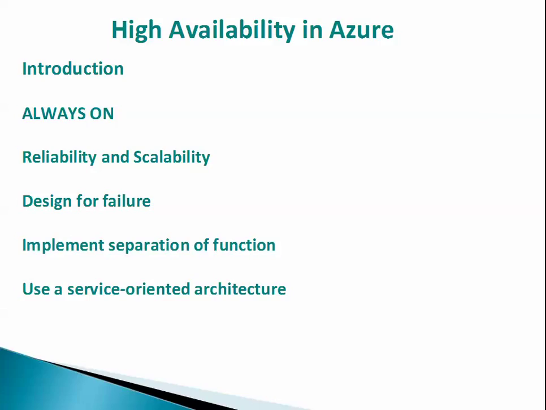Customers need that applications should be available 24/7, right? Another important thing is reliability and scalability also. How reliable is your application, and the most important thing is that availability always depends on scalability also.